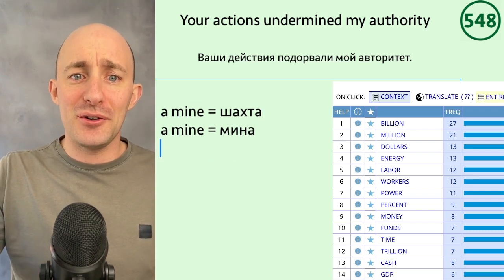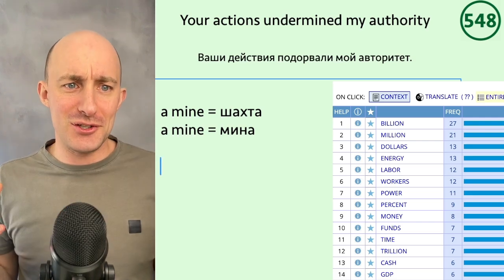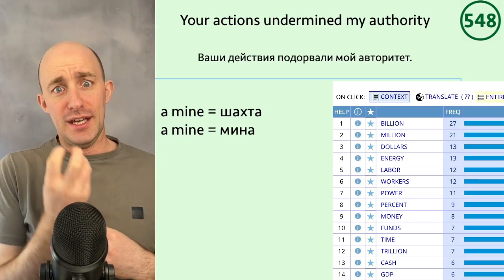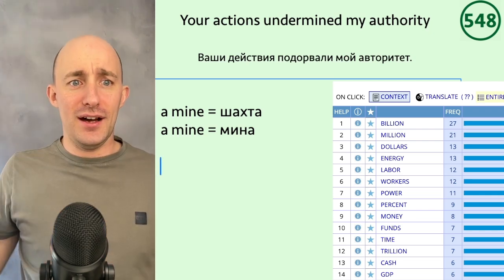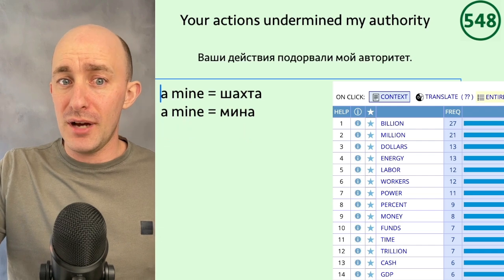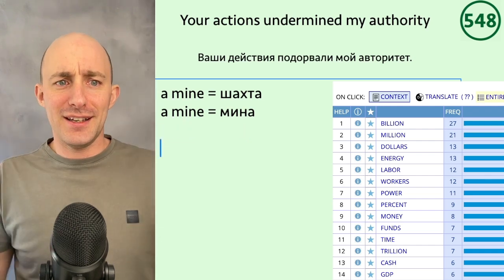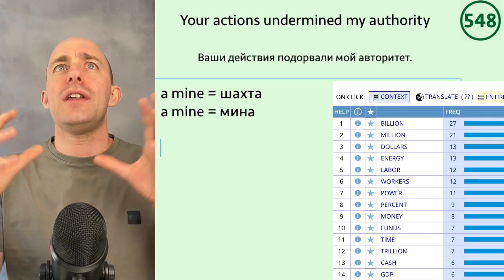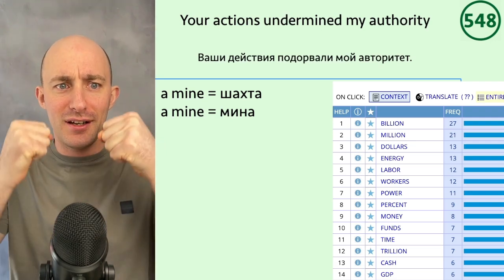So I really don't know, because both of them would damage my authority. If you dig a mine underneath me, I can fall down. If you put a mine underneath me, I can blow up. And I don't know which one is the one which to undermine comes from, but if you undermine my authority, then you damage my reputation.